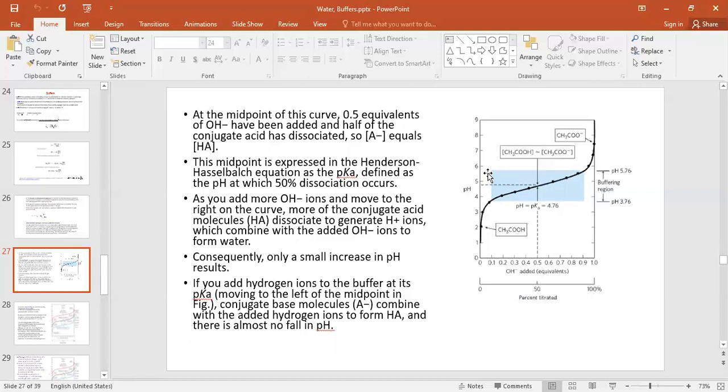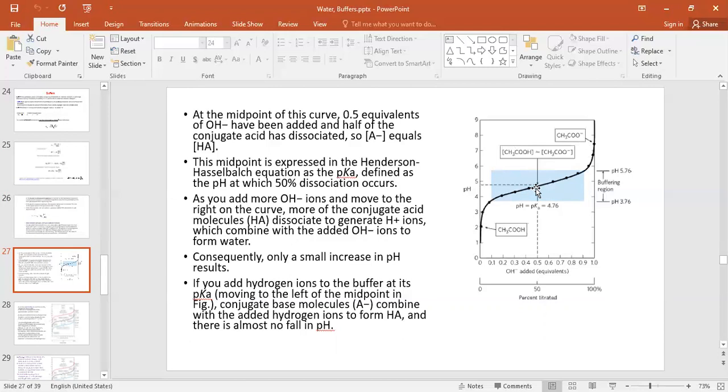Let's discuss this in the case of acetic acid. You know that acetic acid is a weak acid. Here you see this graph, and this midpoint is expressed as pKa in the Henderson-Hasselbalch equation.